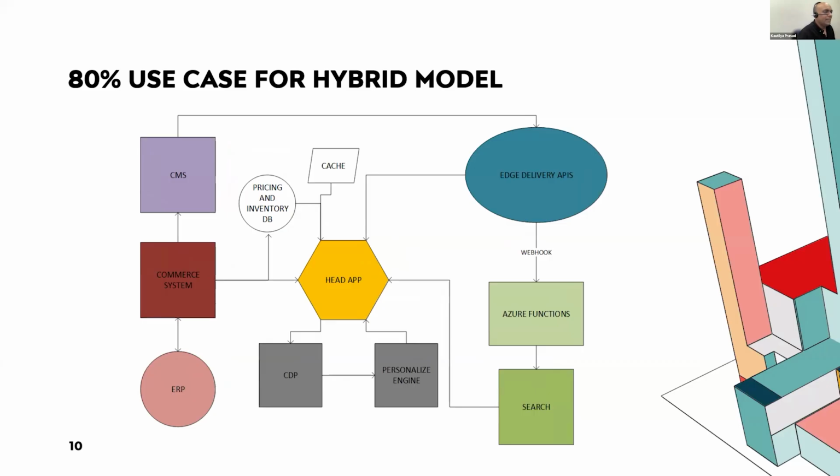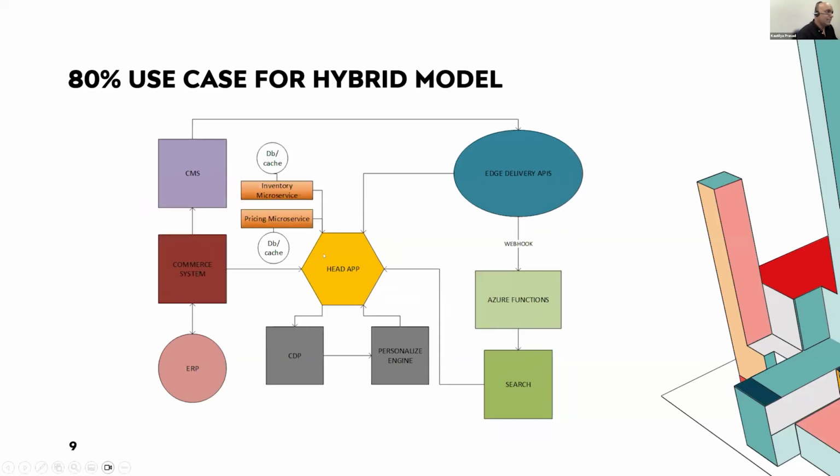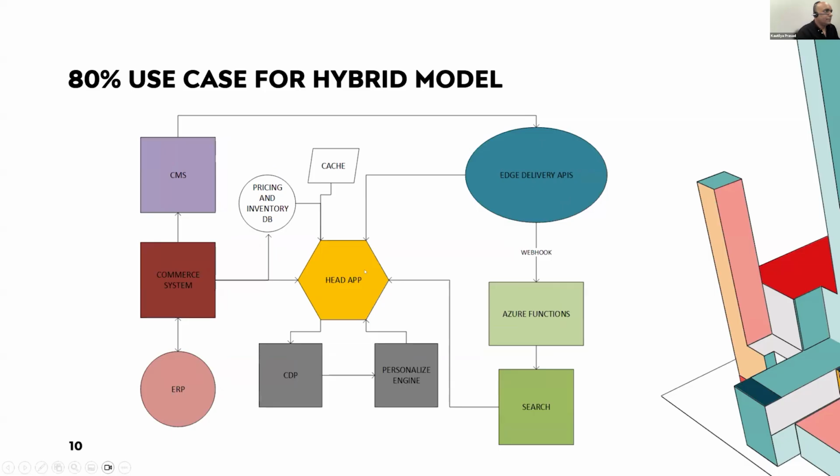So basically what I said is there's no microservice anymore, which you may find, yes, we always talk about separating the concerns, but again, at one point you have to decide whether you want to go anti-pattern, because the patterns defined may not work for you. So here there's no pricing service. What the head app is doing is directly calling the cache. If it's not in cache, it calls the inventory database or pricing database and composes.